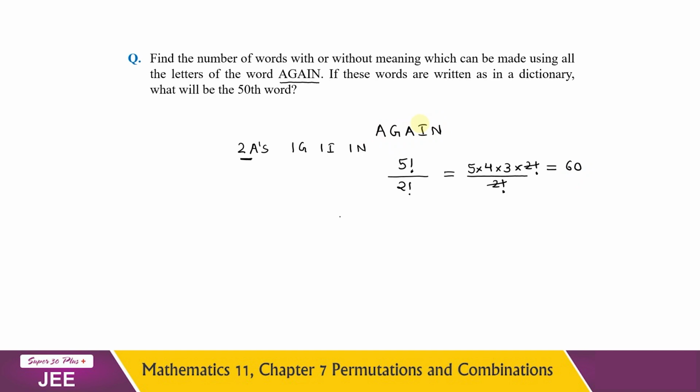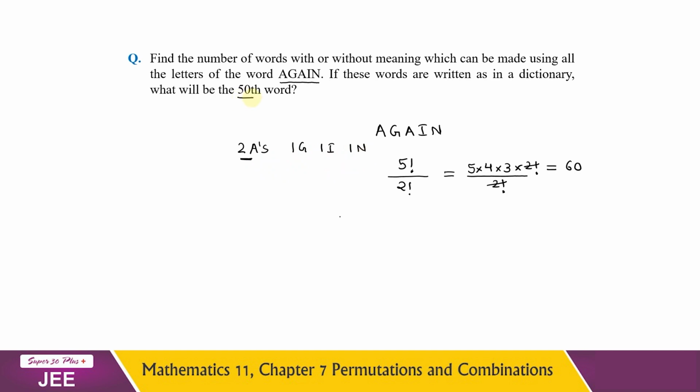Now in the subsequent part we have been asked, if these words are written in a dictionary, what will be the 50th word? We have to form a dictionary using only the letters A, A, G, I and N, and find the word present at the 50th position.